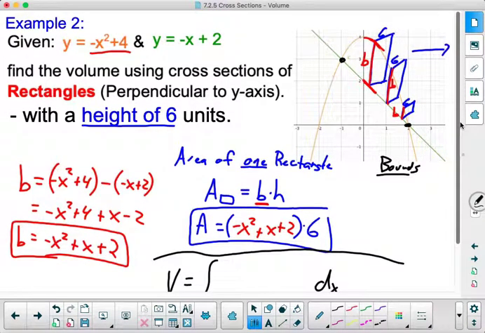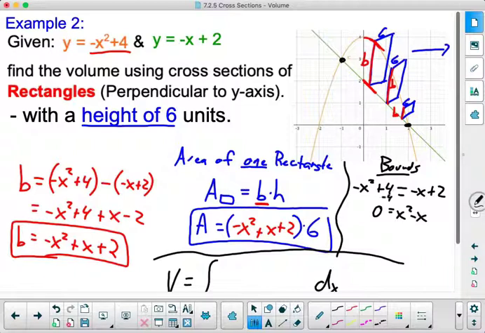You can look at my picture and see it, or if I said negative x squared plus 4 equal to negative x plus 2, maybe I move these pieces over, set it equal to 0, so I'm going to have x squared minus x, and if I subtract 4, minus 2. If I factor that down, you're going to end up with (x minus 2)(x plus 1). So my two answers are going to be x equals 2 and x equals negative 1.